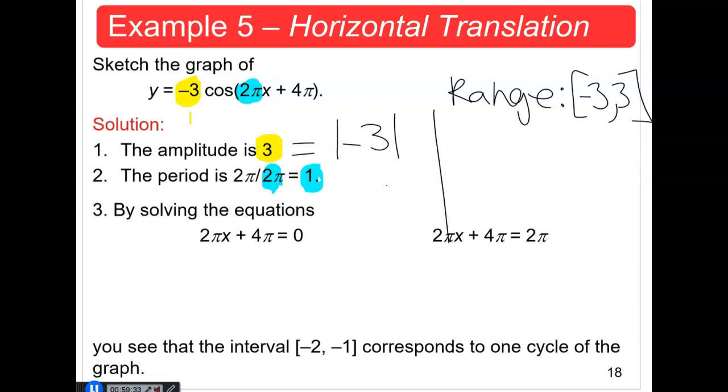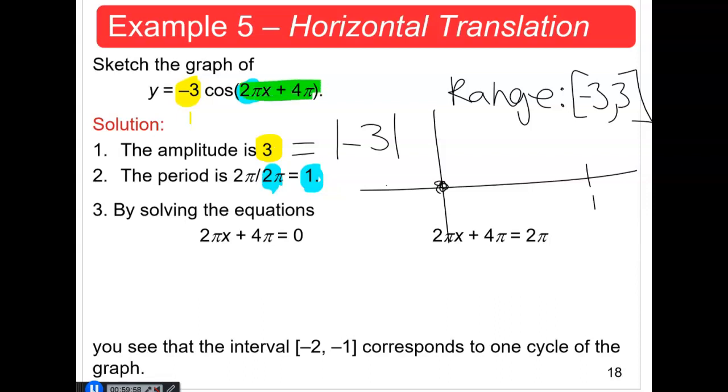Instead of labeling our x-axis by pi, 0, pi over 2, pi, 3 pi over 2, 2 pi, and so on, we would just simply say this is 0 and this is 1.